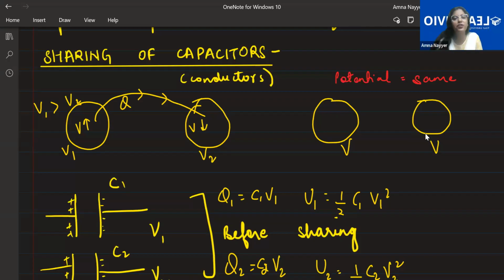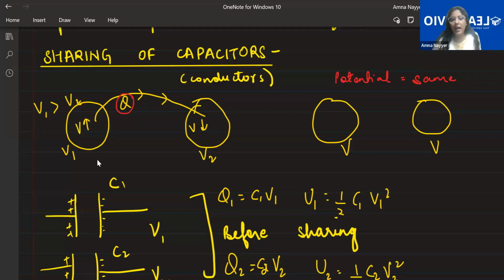This is what is meant by sharing of capacitors. Some amount of charge gets transferred from the higher one to the one which has the lower potential. The charges will always flow from higher potential to lower potential. This is the whole theory part behind it. Charge just travels from one conductor to another till both have the same potential.